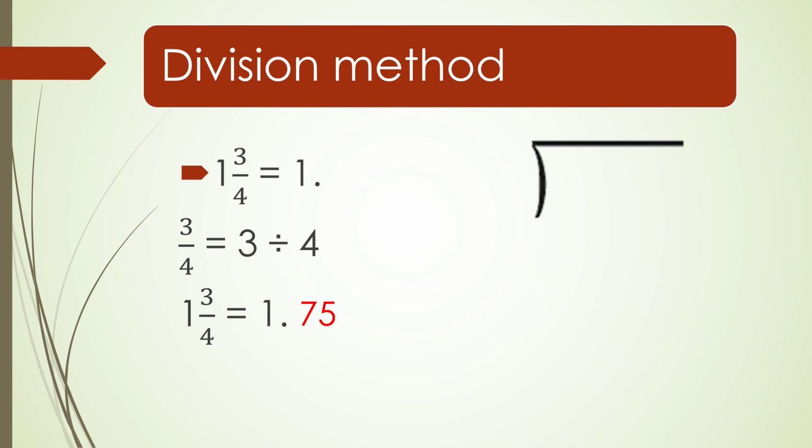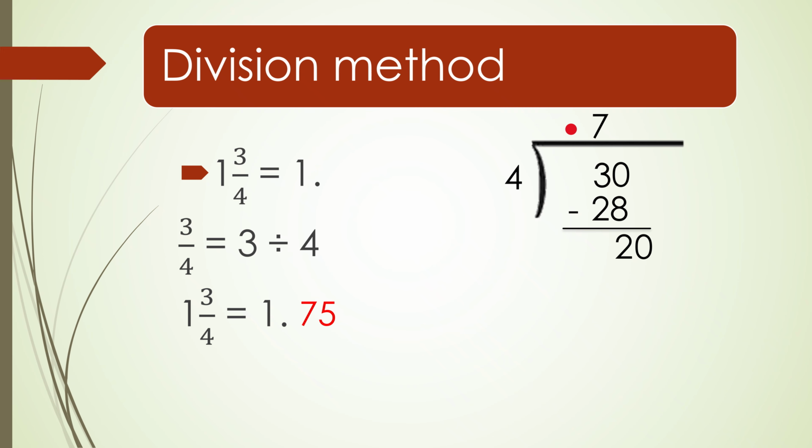How? Let's see. Dividing 3 by 4, it means 3 will become dividend and 4 will become divisor. And now 3 is smaller than 4. We have to put the decimal in the quotient and put the 0 with 3. Now we have 30. Now we can easily divide 30 by 4. 4 into 7 is 28. Subtracting them, we get 2 as a remainder, which is also smaller than 4. Now we will put the 0 again with 2.